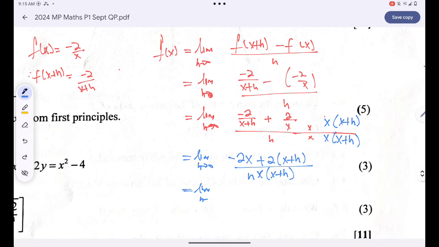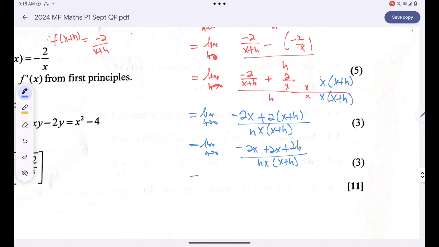I can simply remove brackets there at the top. I will have negative 2x plus 2x and then plus 2h, divided by x, h, and then the bracket over there. The two x's will simply subtract one another.